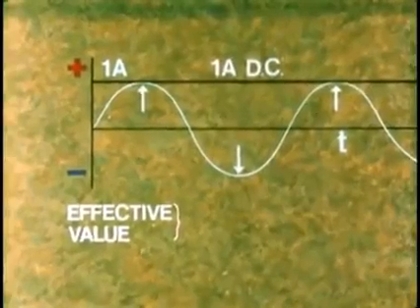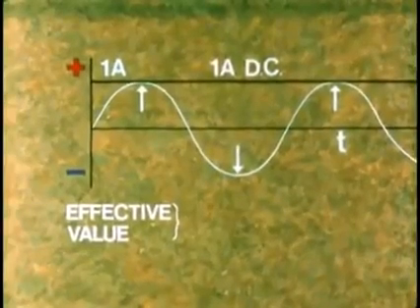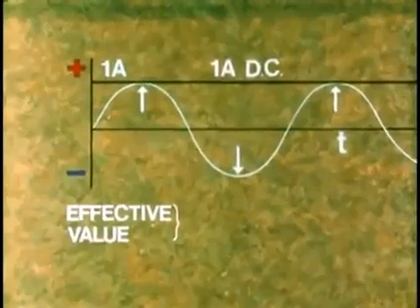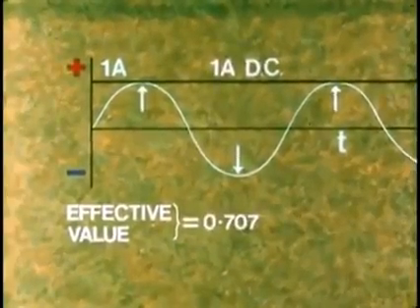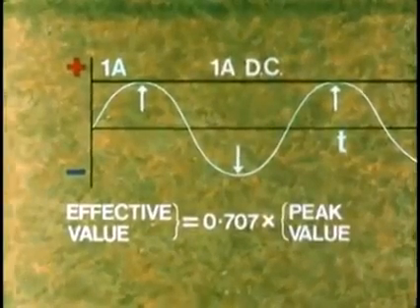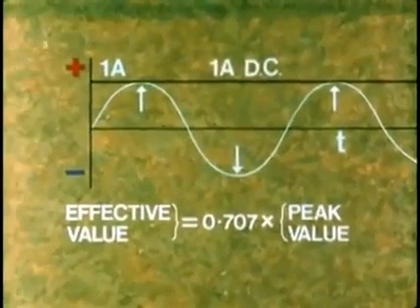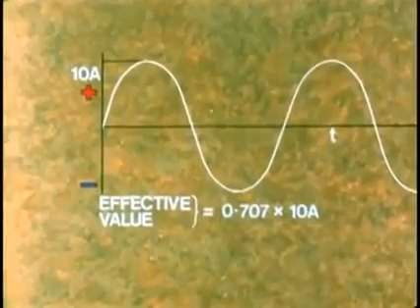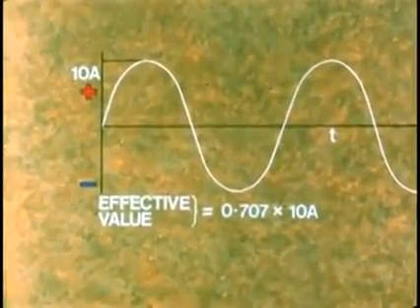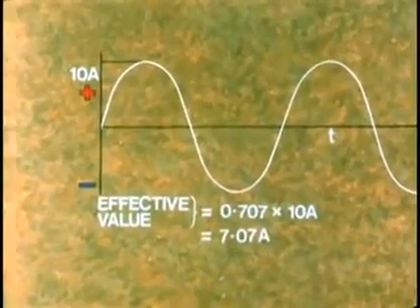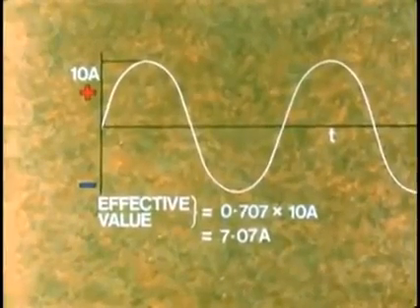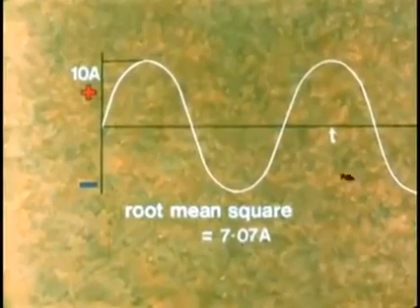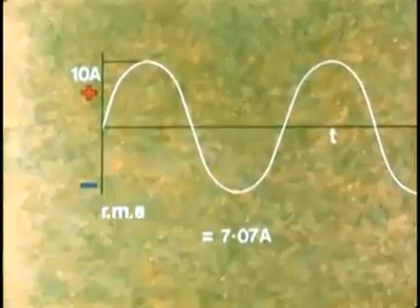In fact, there's a formula for the effective value of the alternating currents or voltages. Its effective value equals 0.707 times peak value. For example, an AC of peak value 10 amps has an effective value of only just over 7 amps. The effective value of an AC is called the root mean square value, or RMS value.